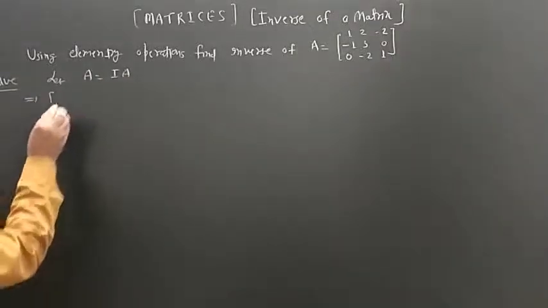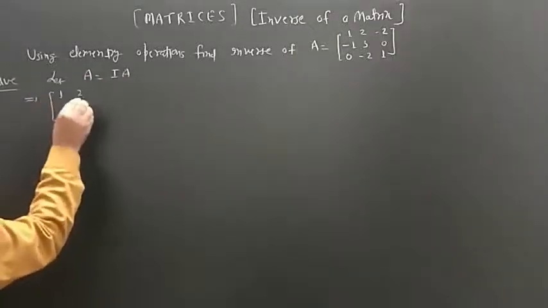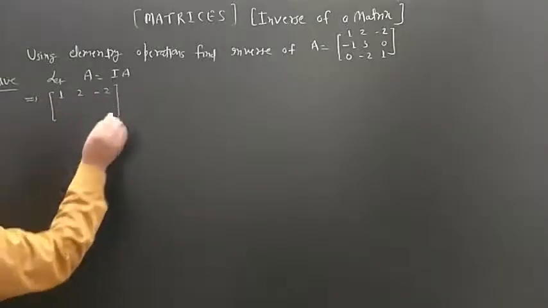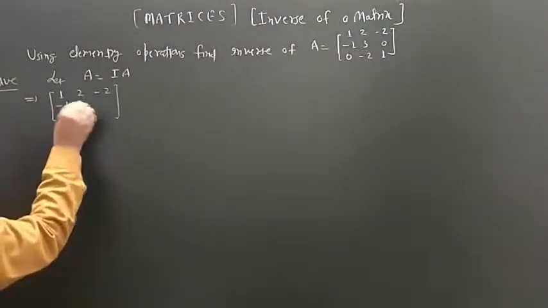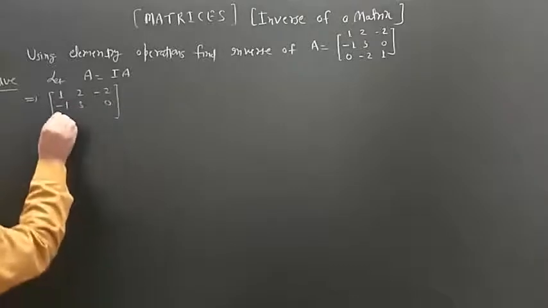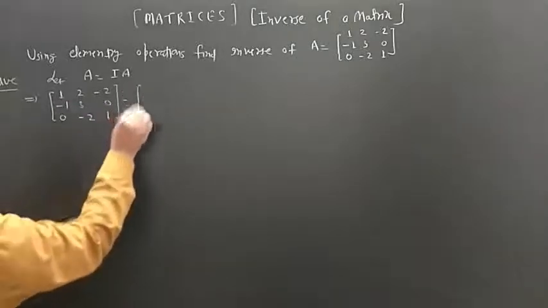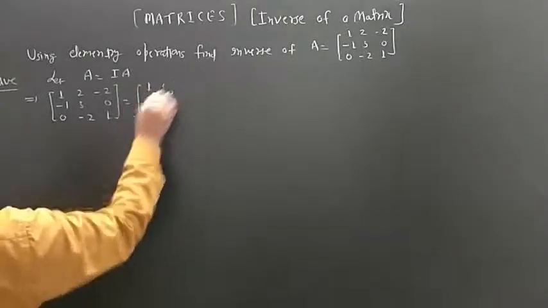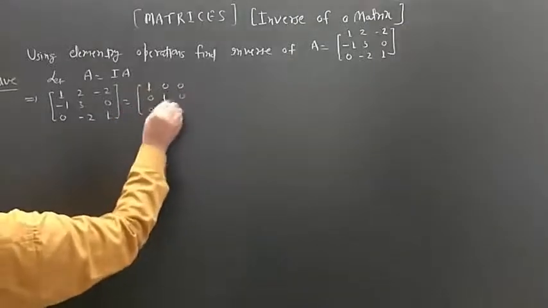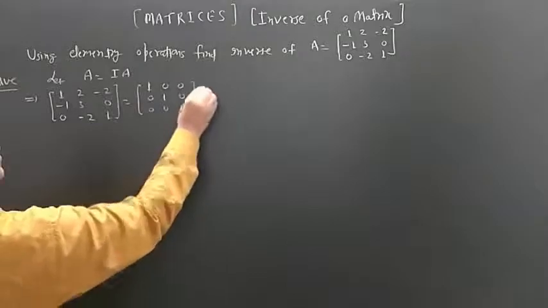The matrix A is 1 2 minus 2, minus 1 3 0, 0 minus 2 1 equal to identity matrix 1 0 0, 0 1 0, 0 0 1, A.